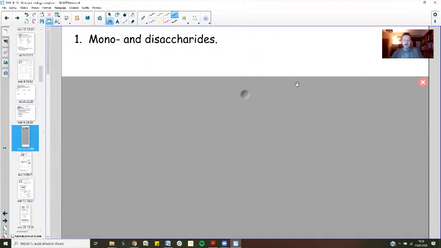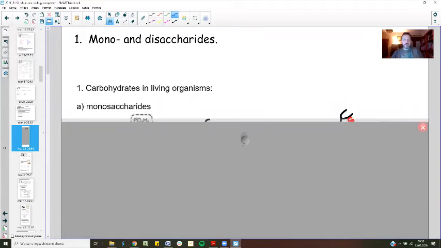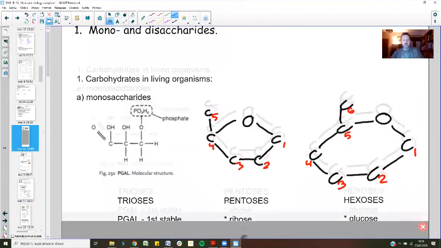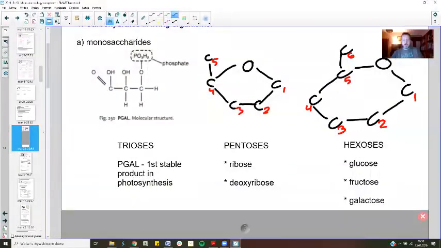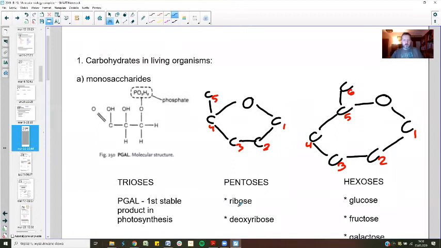Okay, let's take a look at the groups. The first, most simple group of carbohydrates are mono and disaccharides. In case of monosaccharides important in living organisms, we distinguish three groups. From monosaccharides, we distinguish trioses, so carbohydrates made of 3 carbons.